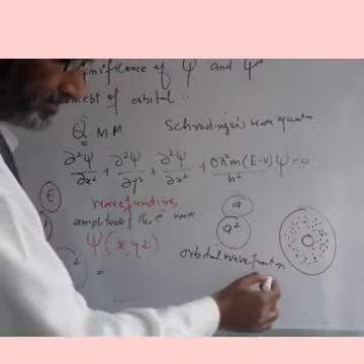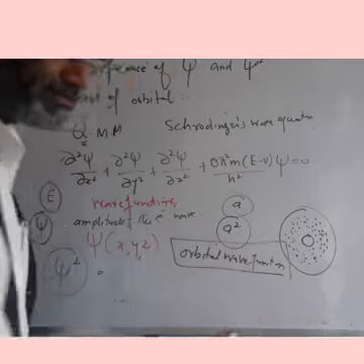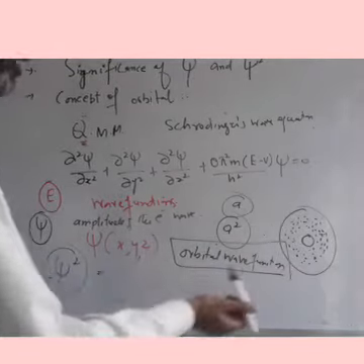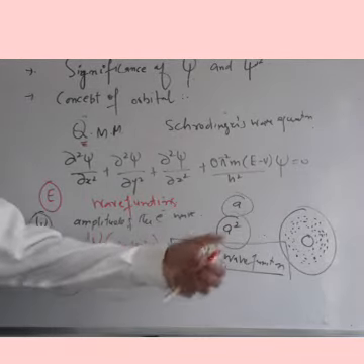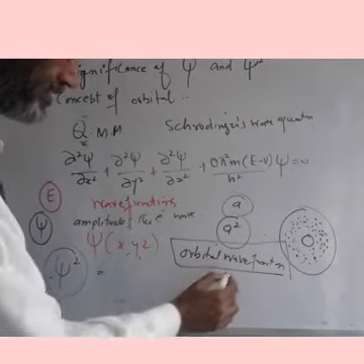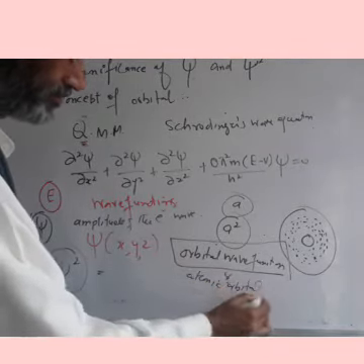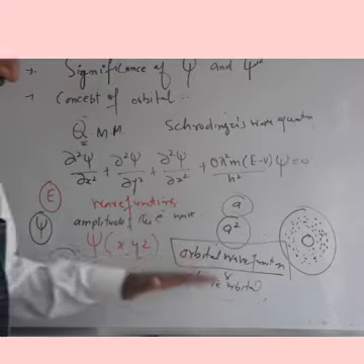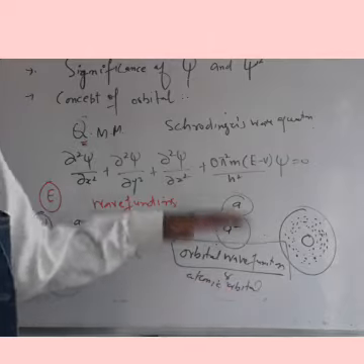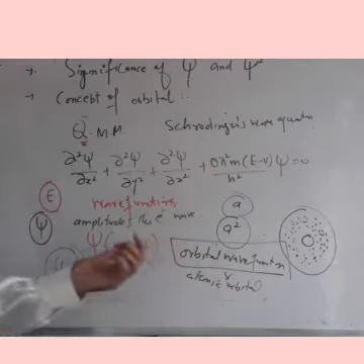That is why the wave function of electron is also called orbital wave function, or simply atomic orbital. So यहाँ पर एक नया कंसेप्ट इंट्रोड्यूस हो गया, that is called atomic orbital, या सिंपली हम बोलते हैं ऑर्बिटल.